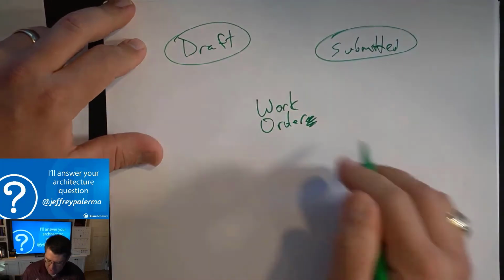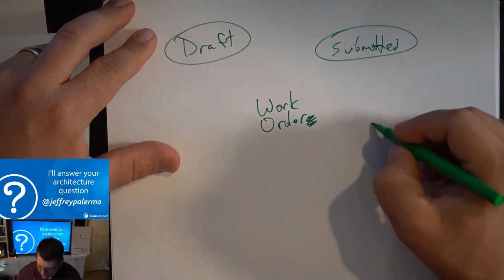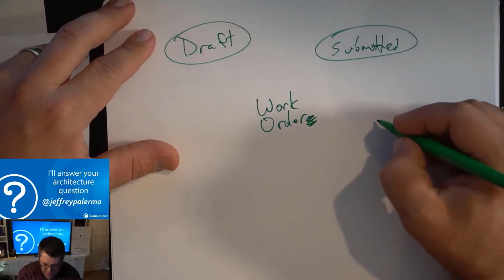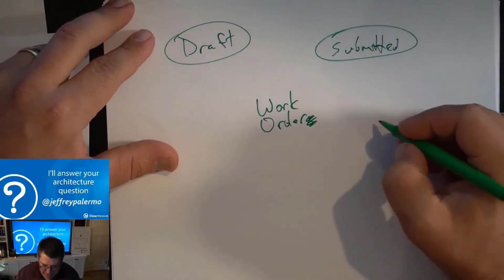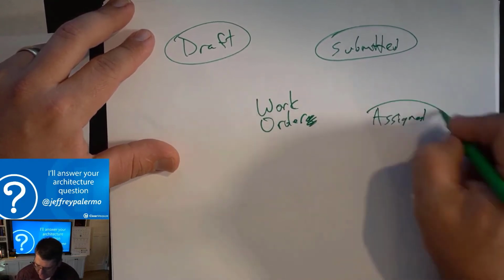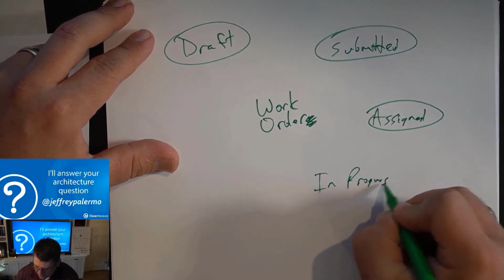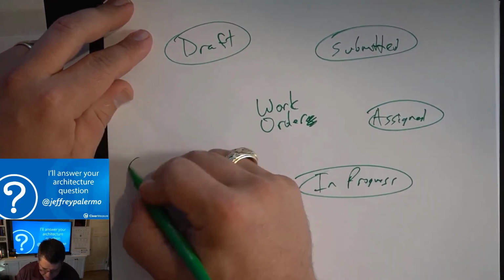All right. And these are all facts. So these are all past tense as a status. Okay. It's not a verb because it's something that is submitted or is draft. And then another status would be it is assigned. And then maybe the next status is it's in progress. Okay. And the next status is complete.